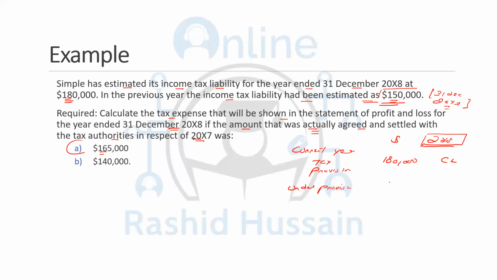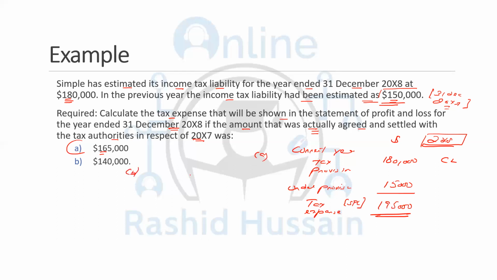And you're going to add 15,000, which is the difference between the estimated and the actual, in the 20x8 tax. So now the tax of the 20x8 will be 1,95,000. So this is the tax expense within the statement of profit or loss. This is the A requirement.